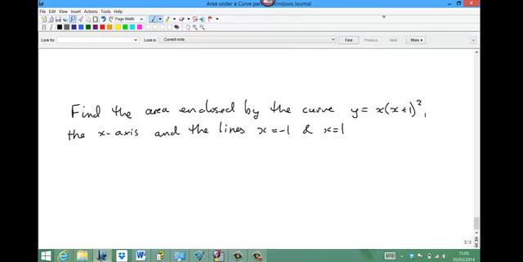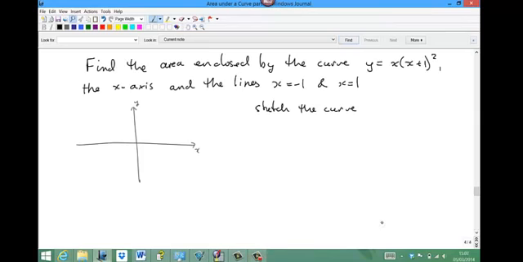Now pause the video and try this problem yourself. First of all, we need to sketch the curve. Now this is y equals x times (x plus 1) squared, which is a cubic. It will have this general shape because it will have x cubed.